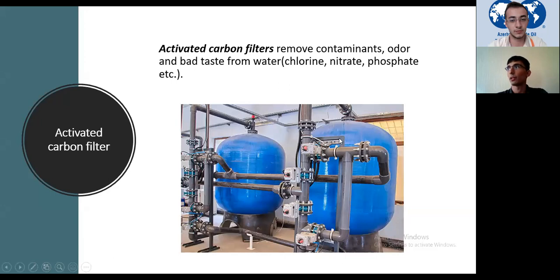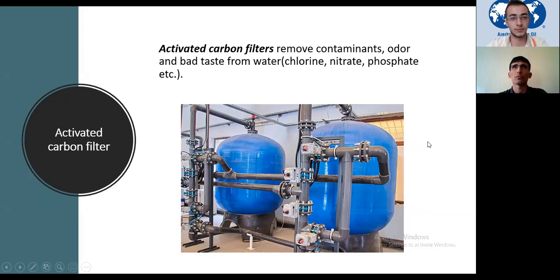Activated means carbon materials cut into small pieces, and they have again so many tiny pores to absorb some chemicals like chlorine, phosphate, making the water clean.